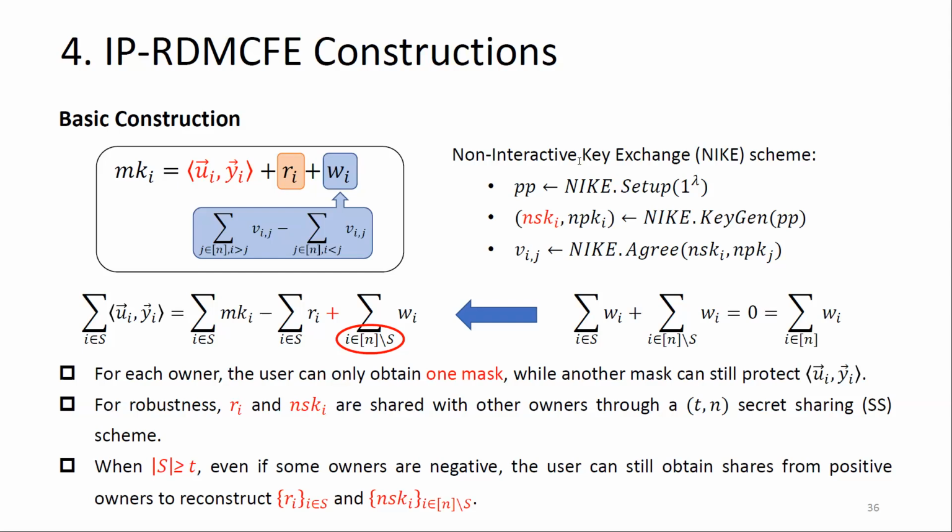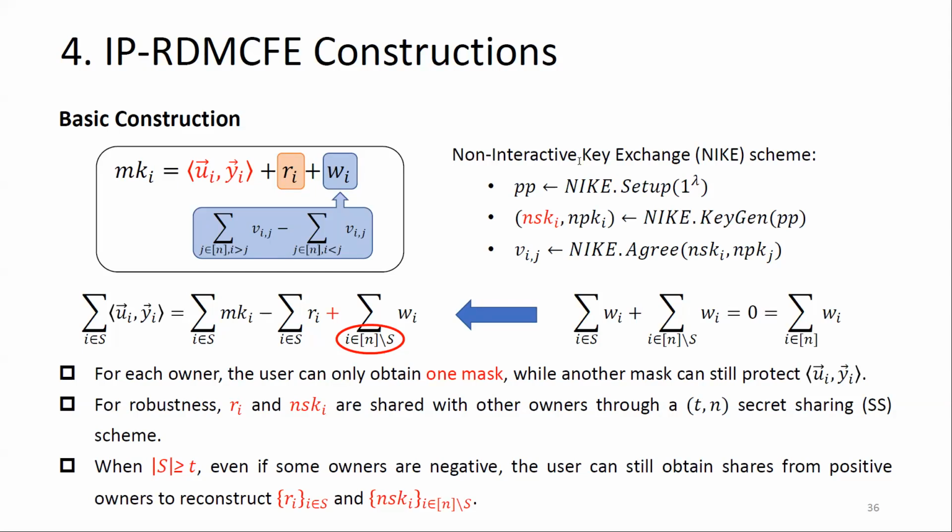So for each owner, the user can only obtain one mask, that is Ri or Wi, while the other mask can still protect the inner product of UI and YI. That is why we use the double masking strategy.